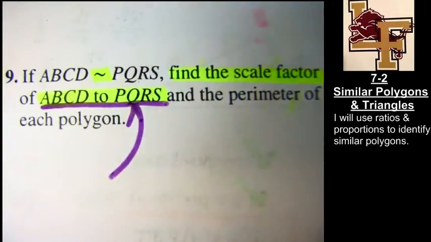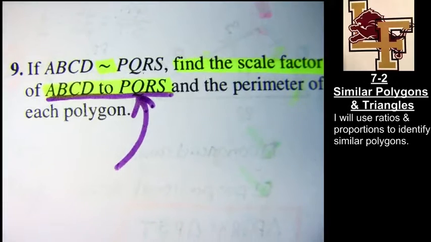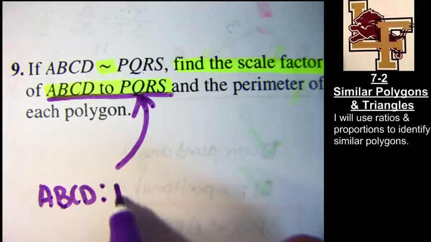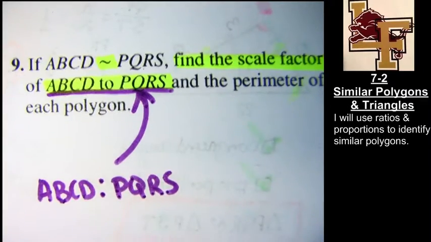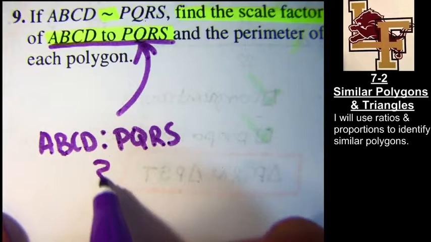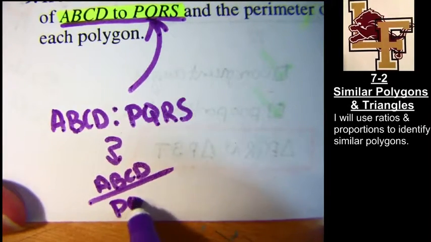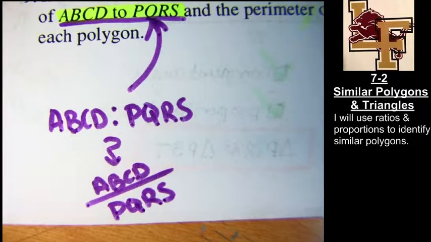ABCD to PQRS is the same as ABCD to PQRS, which as a fraction, I can write ABCD over PQRS. This means anytime I'm setting up those fractions, I need to put information about ABCD on top of the information from PQRS because the problem told me to set it up that way.